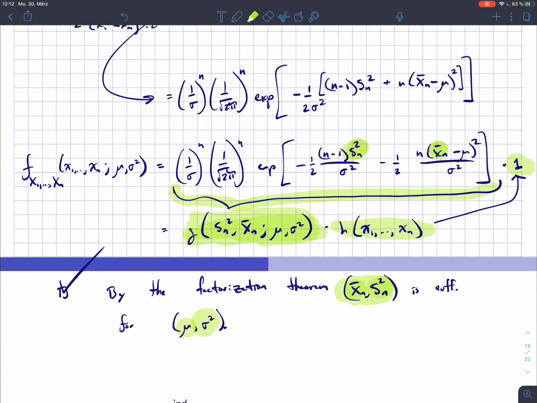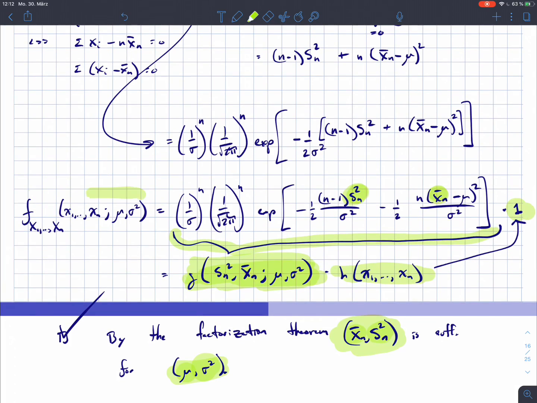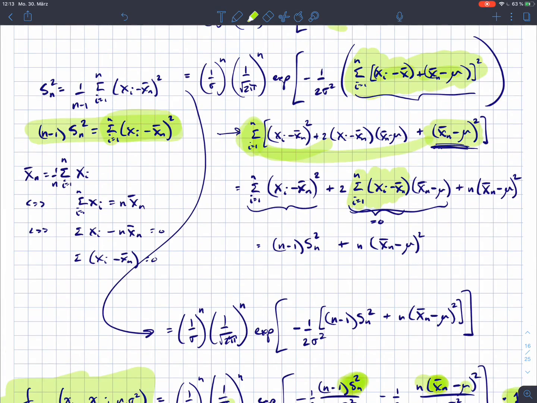These quantities tell me everything I can know from the sample about mu and sigma squared. And that's because we were able to write down the joint PDF of the data as a function of these two statistics and the parameters times some function of something which doesn't involve the parameters. Okay.